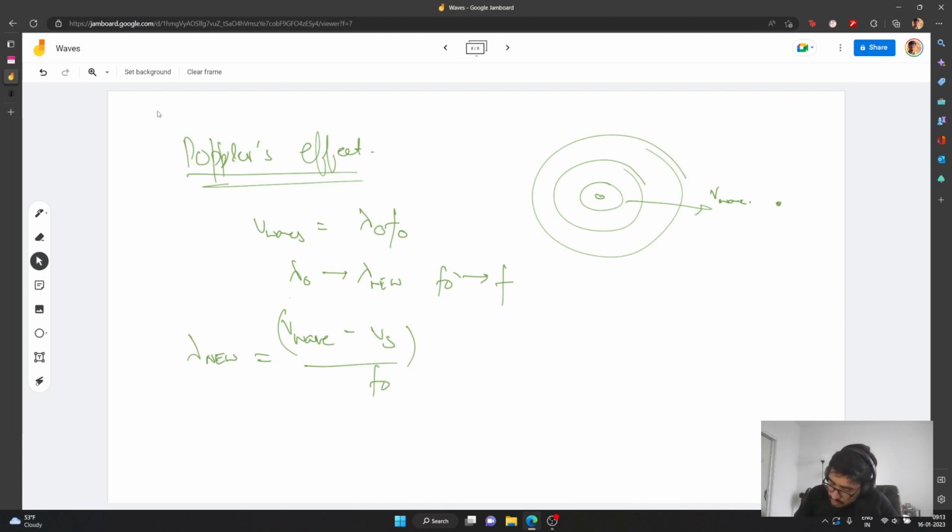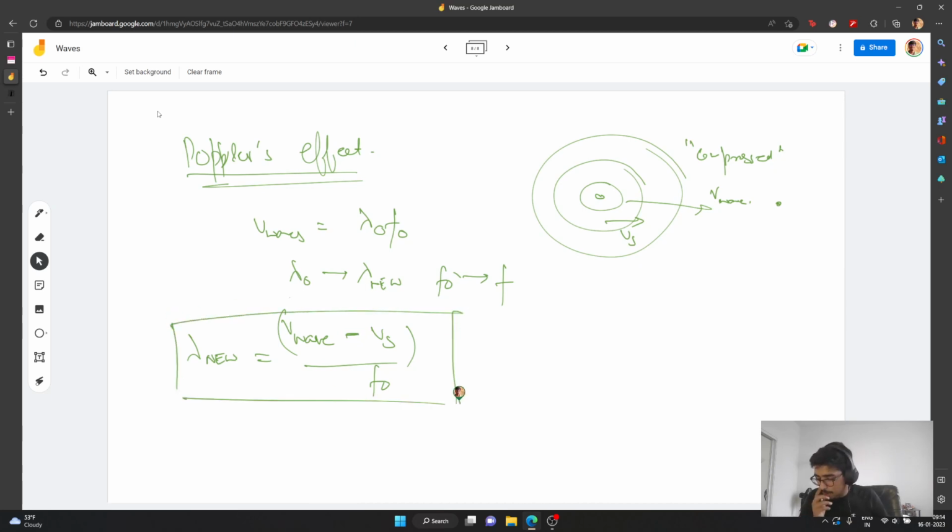If this is the wave and this is also the direction of Vs, then we see compressed waves here. That means the wavelength must decrease, which is why our book says negative here. The wavelength will decrease by this amount, so this will be the new wavelength.